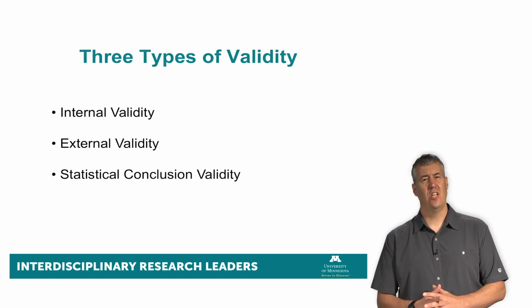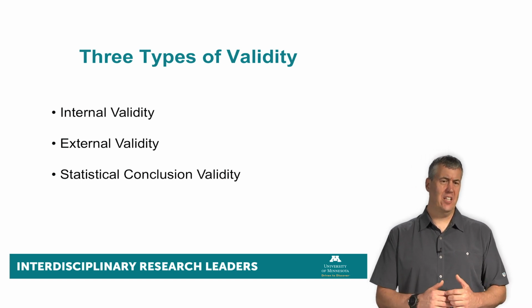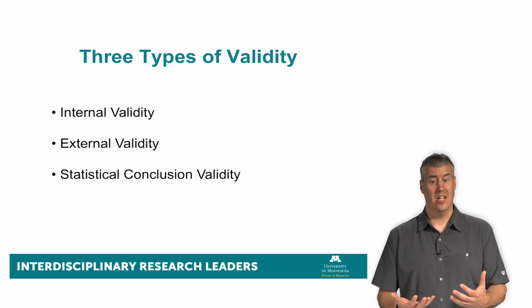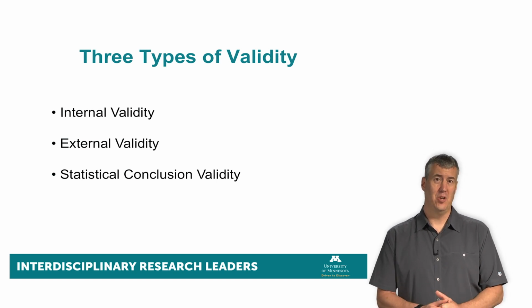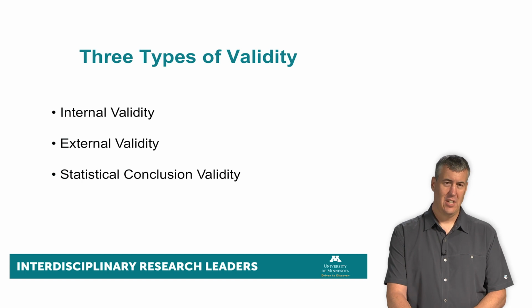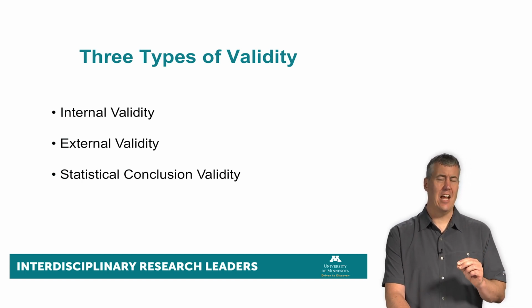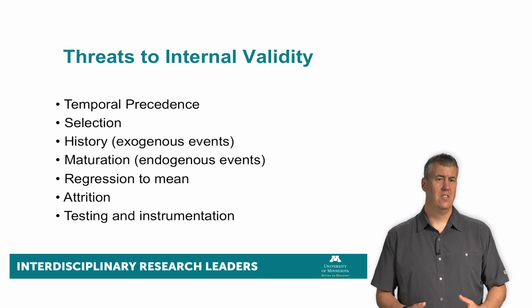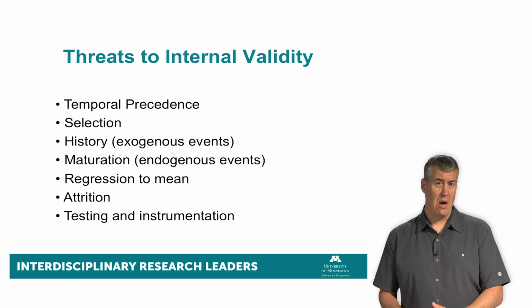There's all kinds of things we could worry about here: internal validity, external validity, statistical validity, and so many other kinds of validity. I want to just focus on a few for the point of this little mini online course. Here are some threats to internal validity, that is, getting the answer right. Temporal precedence. Does the intervention happen before the outcome?